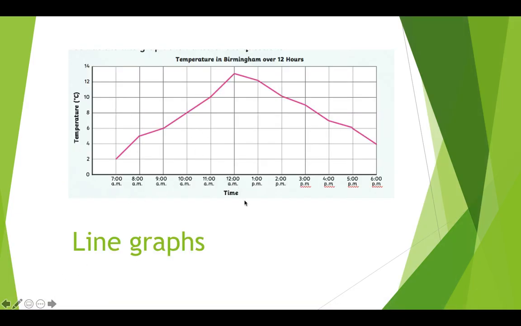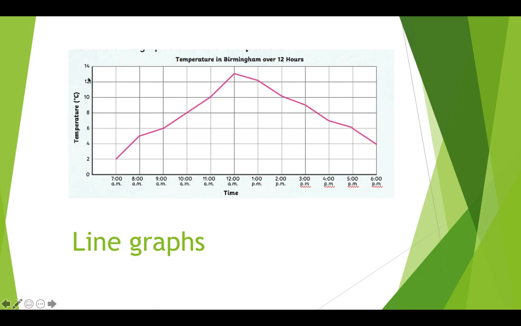Well, here's a line graph on your screen now, and this line graph is showing the temperature in Birmingham over 12 hours. And again, a little bit like the bar chart, you've got the scale at the side, and here it's counting up in twos. So that's important to notice. And this is the temperature that was taken.